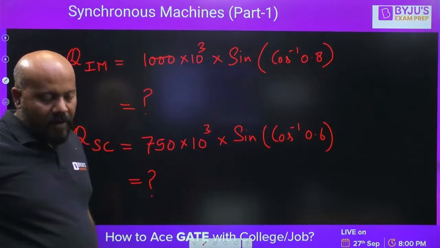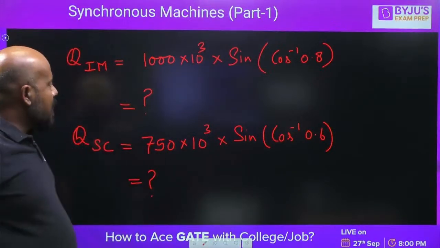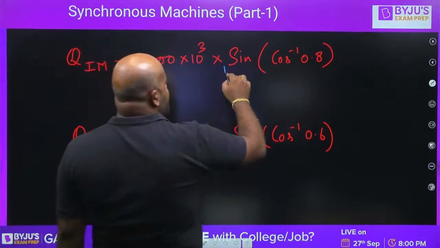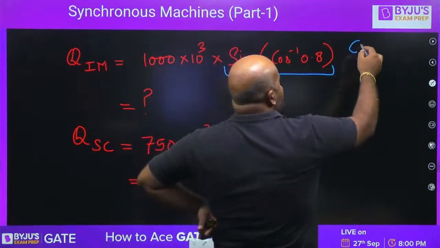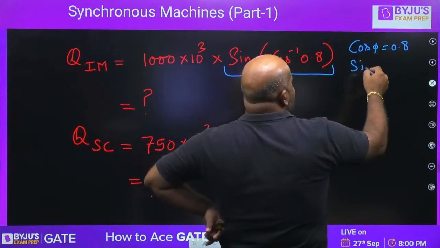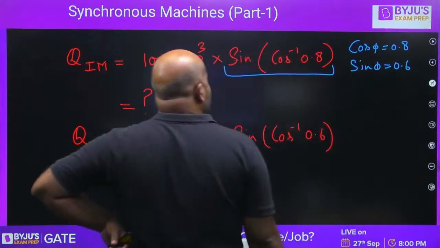See, this part you can easily simplify instead of writing this, because you know if cos phi is 0.8, then what will be sin phi? It will be 0.6, yes or no?